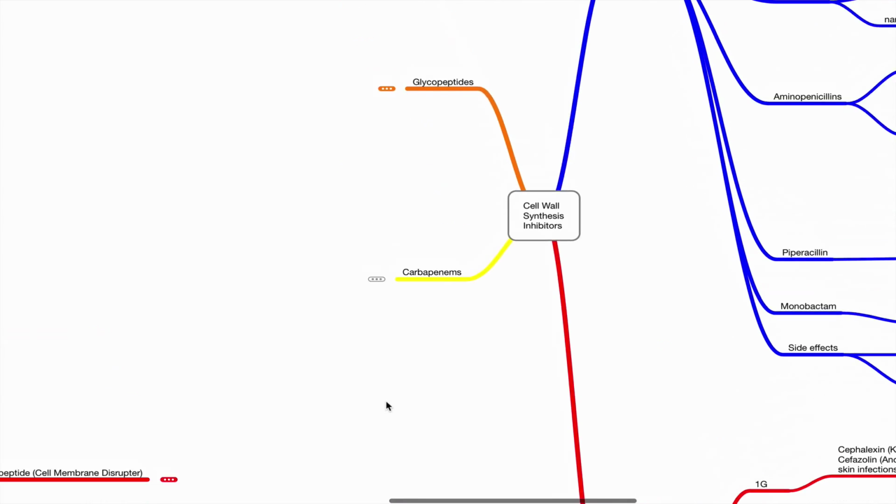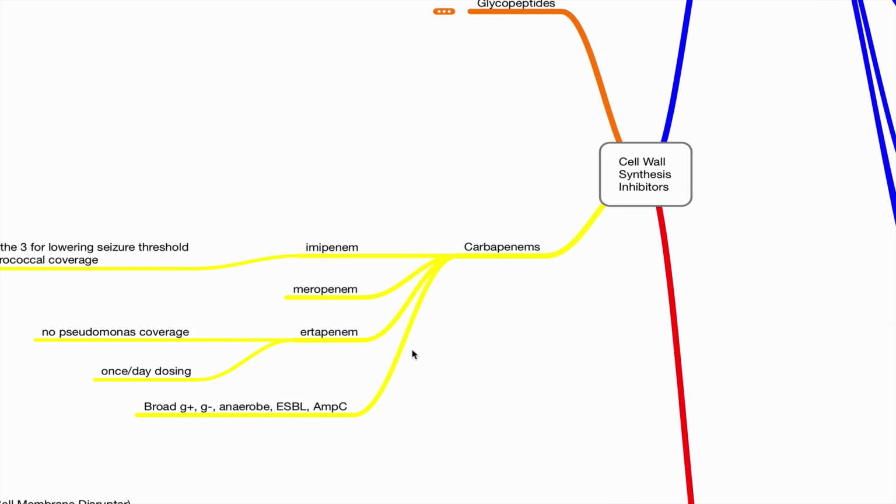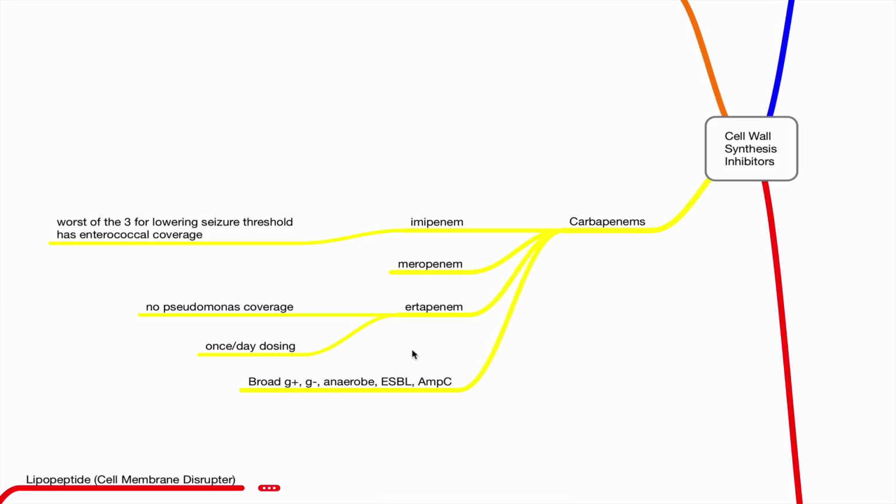Okay, so moving on to the next group, we have the Carbapenems. The Carbapenems are a group of antibiotics that provide really broad coverage: gram-positives, gram-negatives, anaerobes, as well as resistant organisms. There can be organisms that have ESBL, or extended spectrum beta-lactamase resistance, as well as AmpC resistance, and these are tougher to treat bacteria that the Carbapenems do treat.